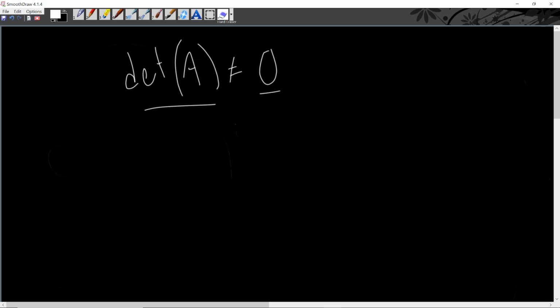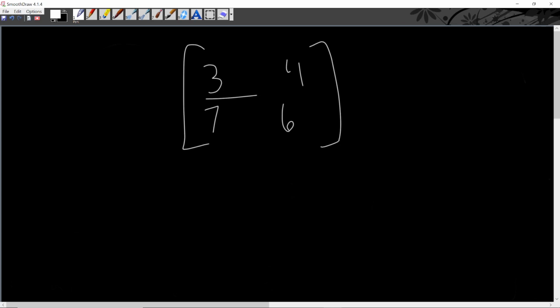Okay, so I'm just gonna really quick go back to something that I should have mentioned much earlier. If you think of a matrix as just an arrangement of numbers, say you have 3, 4, and then 7, 6. If you think of each row as a vector, then you have 3i plus 4j and 7i plus 6j.